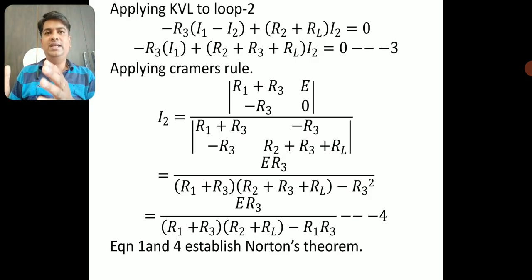Any linear bilateral network can be replaced by this simple network with only one current source in parallel with a resistance, that current being equal to the short circuit current across the terminals and the resistance being equal to the effective resistance between the same terminals. Equation 1 and equation 4 clearly establish Norton's theorem.